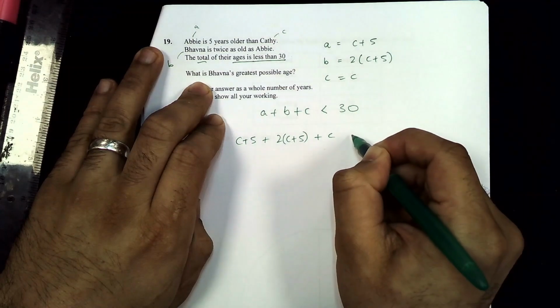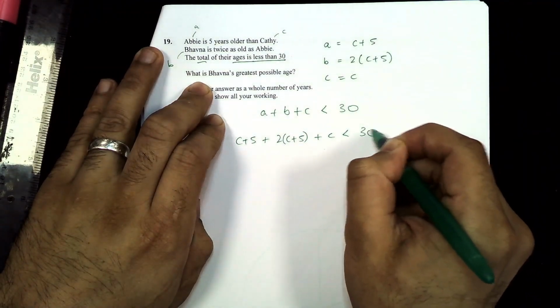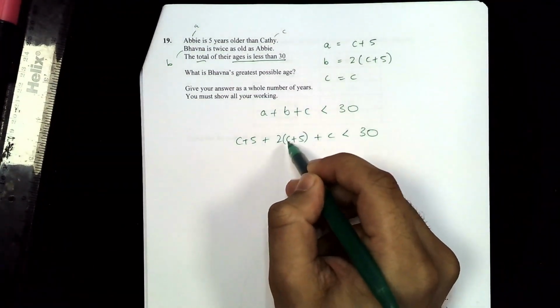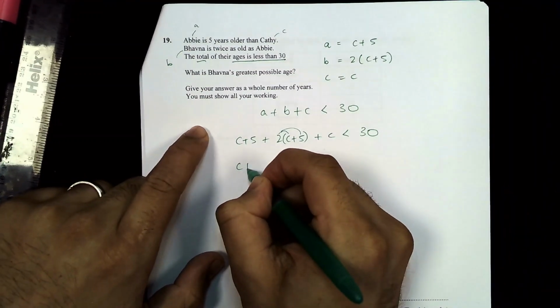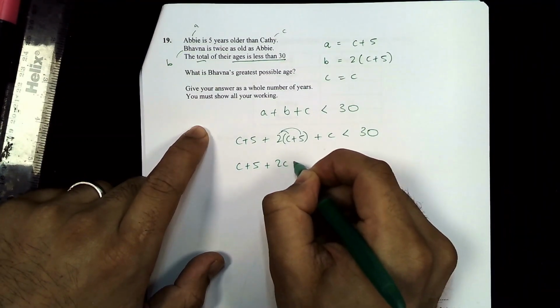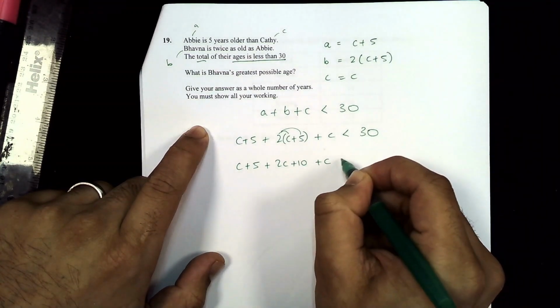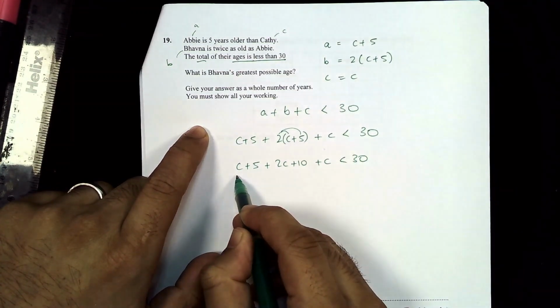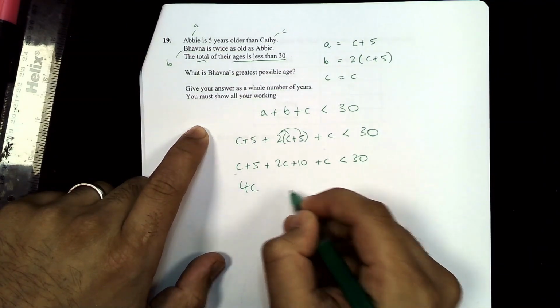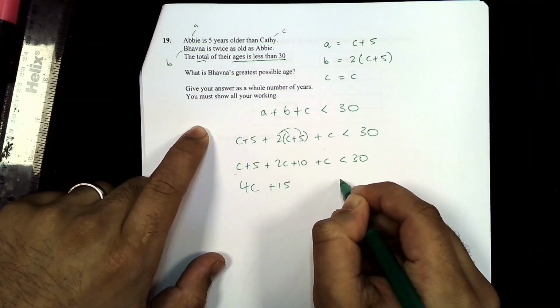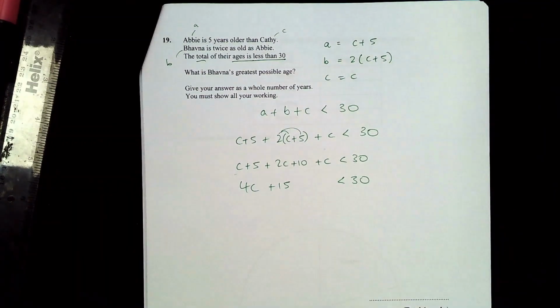Plus Kathy's just on her own, is less than 30. Now let's expand this bracket here and collect some terms together. 2C plus 10 plus C less than 30. So collect the C's together. I've got 4 C's, and collect the numbers together. I've got 15, and that is less than 30. So 4C plus 15 is less than 30.